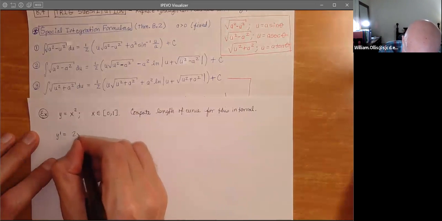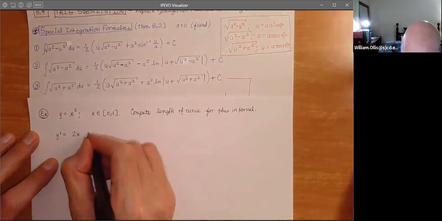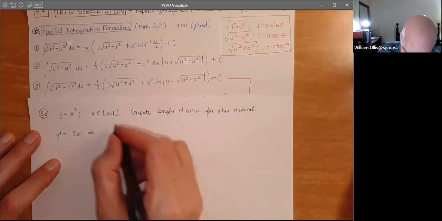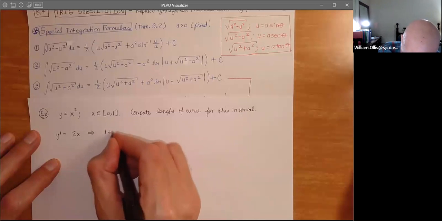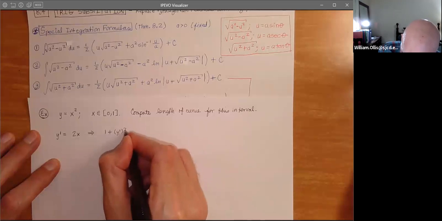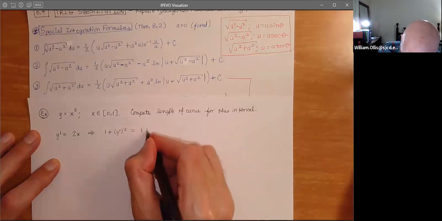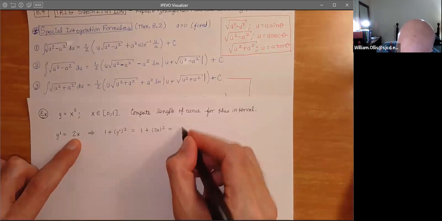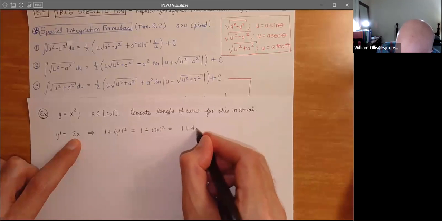equals 2x. So this implies, using our radicand for the arc length formula, 1 plus y prime squared will now be 1 plus (2x) squared, which is 1 plus 4x squared.